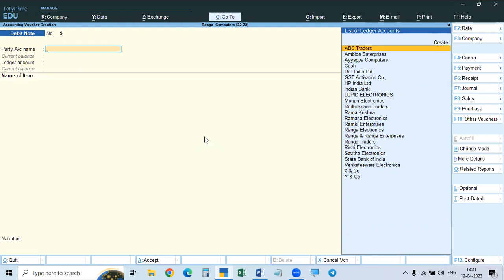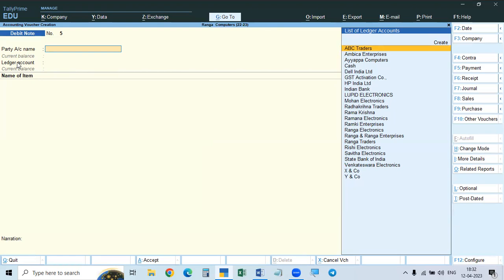In the returns case, the goods are sent back. But here the goods are with us, but the value is reduced. That is why the ledger account in both cases, reducing the quantity or reducing the price, is debited. So the debit note is issued and we enter it in the debit note voucher. Here we take the purchase account directly and then take the stock item.